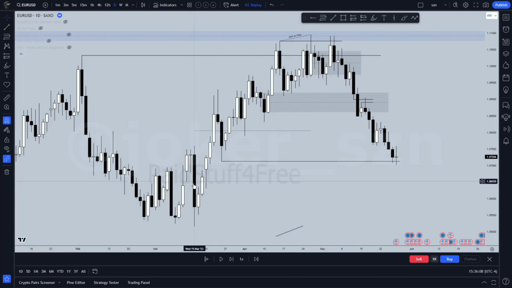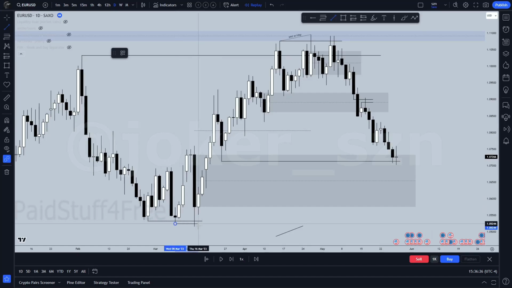And also, if we take a look, we have a daily order block right here. So this is a daily order block. Why? Because this is also a high probability order block because we have taken liquidity. You can see we've taken liquidity of this swing low and this swing low, and then we had the break of structure above this high, which created the impulse to the downside, right?